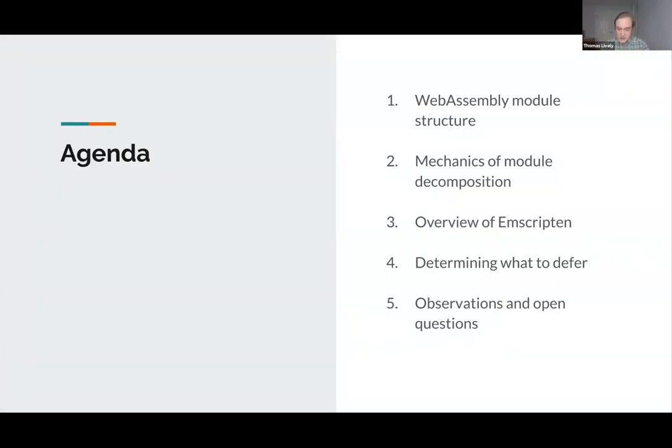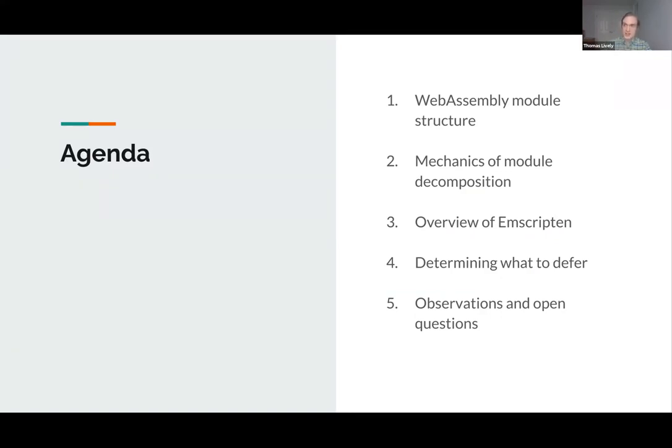So that's the problem. And for the rest of the talk, I'm going to briefly cover WebAssembly module structure, not assuming that everyone is an expert on WebAssembly yet, and the mechanics of how you decompose a module into 2 modules.